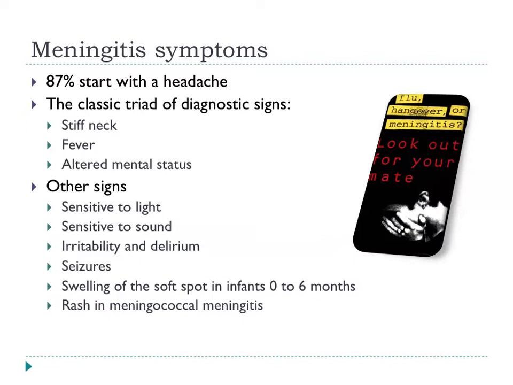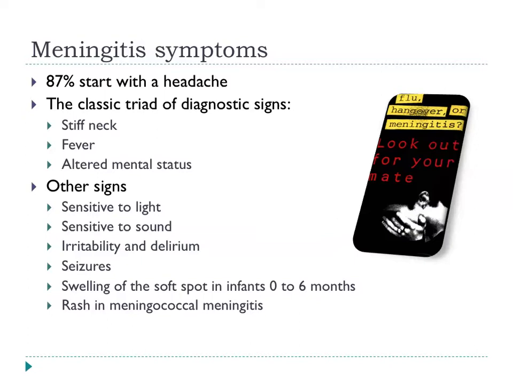Other signs that we see: sensitivity to light, so-called photophobia. They like to be in a dark room, they like to be in a quiet room as well because they're sensitive to sound. They get irritable, delirious, they can have seizures. These are the signs we see in children and adults. In babies and infants, obviously it's much harder to elicit what's going on.